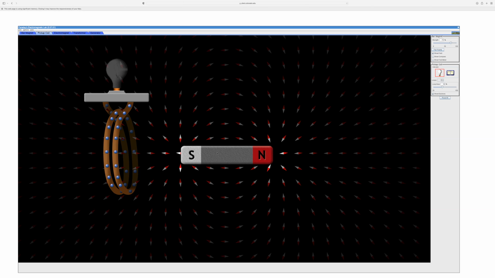The law states that the EMF will get induced in such a way that it will always try to oppose the cause.